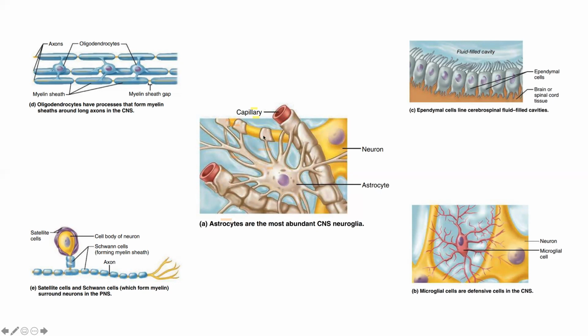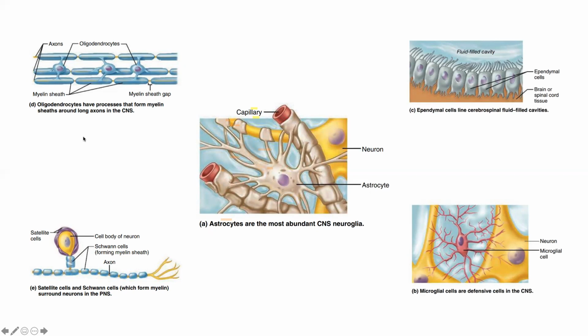They are also going to the dendrites of the neuron here, so they have a big influence on the neuron. And this is the microglia cell, which is small, least abundant, and its job is phagocytic function. And this is the ependymal cell, which is just like an epithelial cell, looking like a columnar epithelium. Their job is to secrete cerebrospinal fluid.